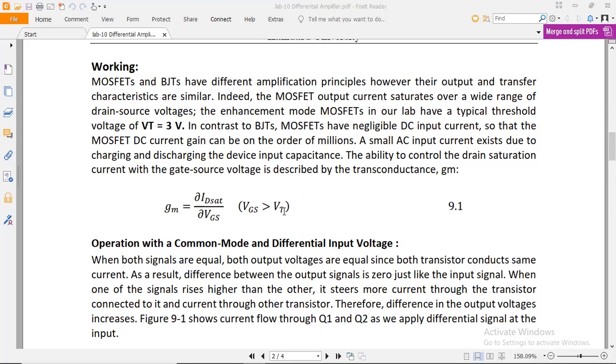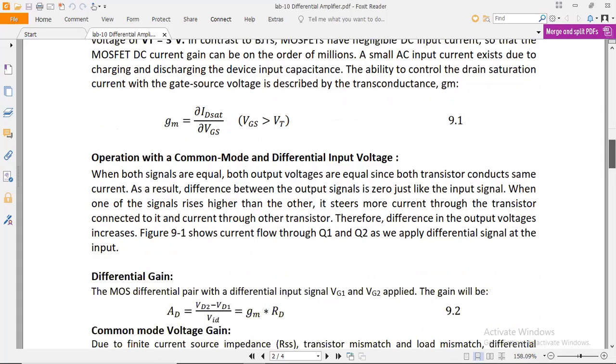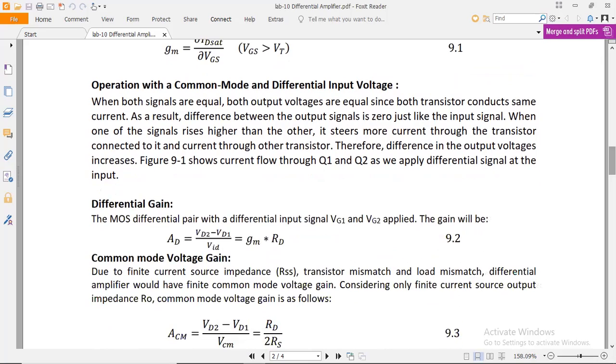This is the main thing we all know, because it is a basic topic. Operation with common-mode and differential input voltage: we come to the case when both signals are equal. Both signals means there are two supplies incorporated here.